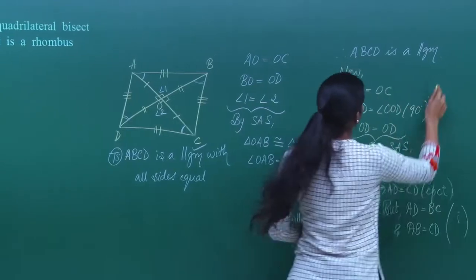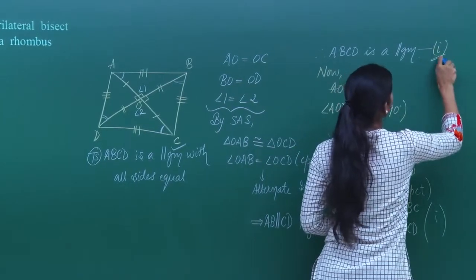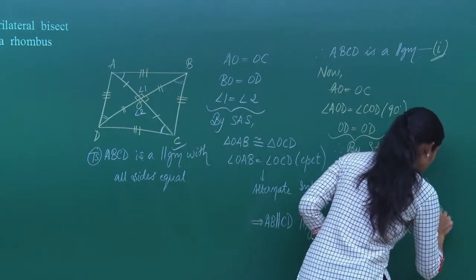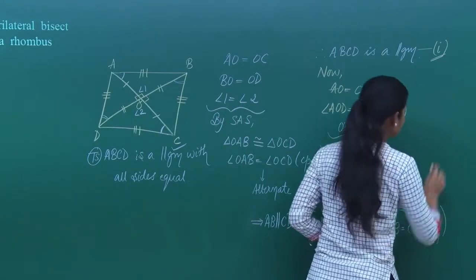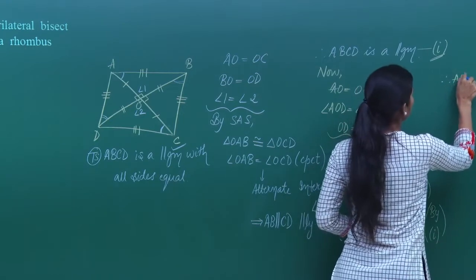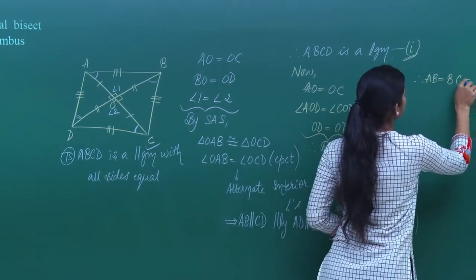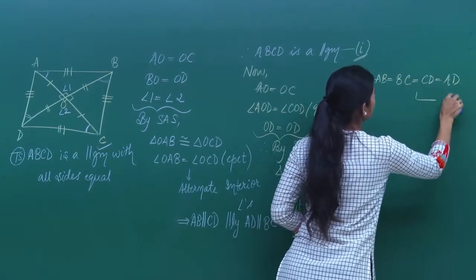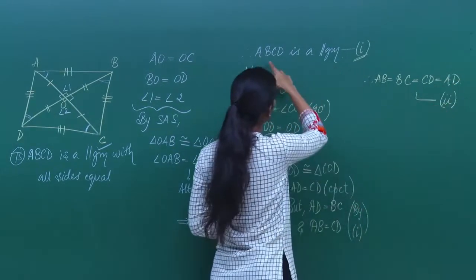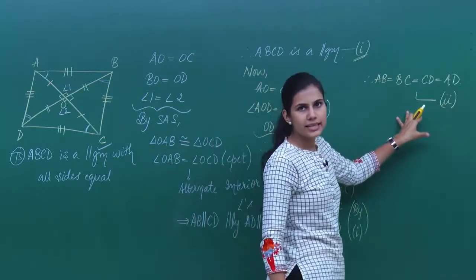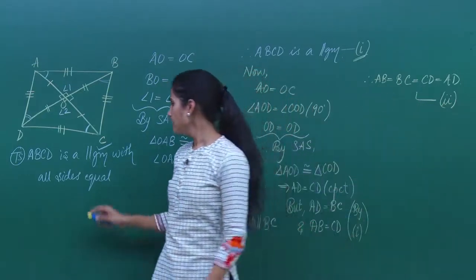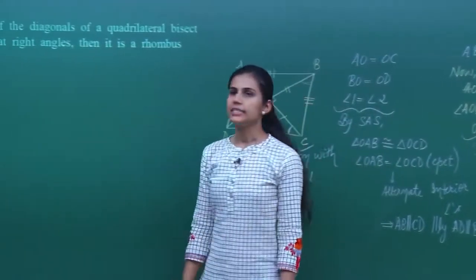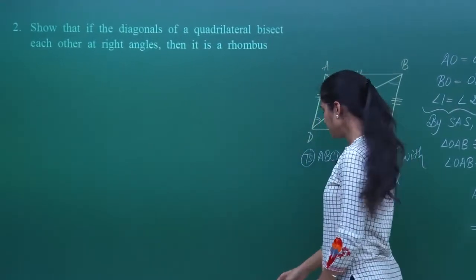Because of 1, this is my 1, by 1. Therefore, AB is equal to BC is equal to CD is equal to AD. This is 2. So I have ABCD as a parallelogram in which all sides are of equal measure, and therefore this is also accomplished, and I have shown what I had to show. ABCD is a rhombus. Clear?